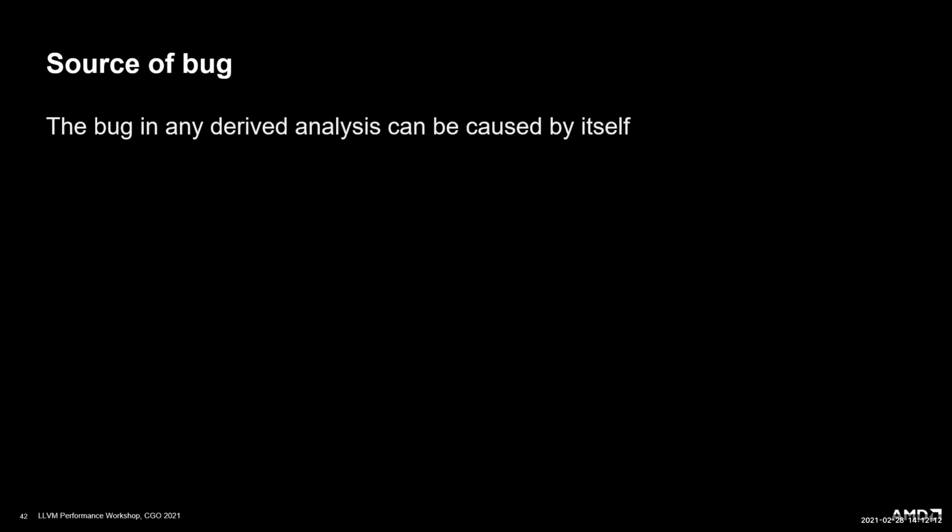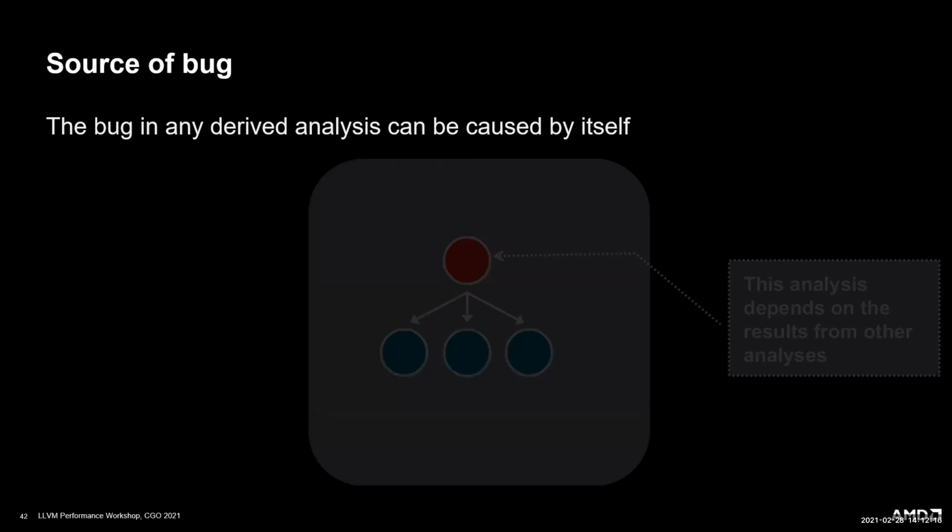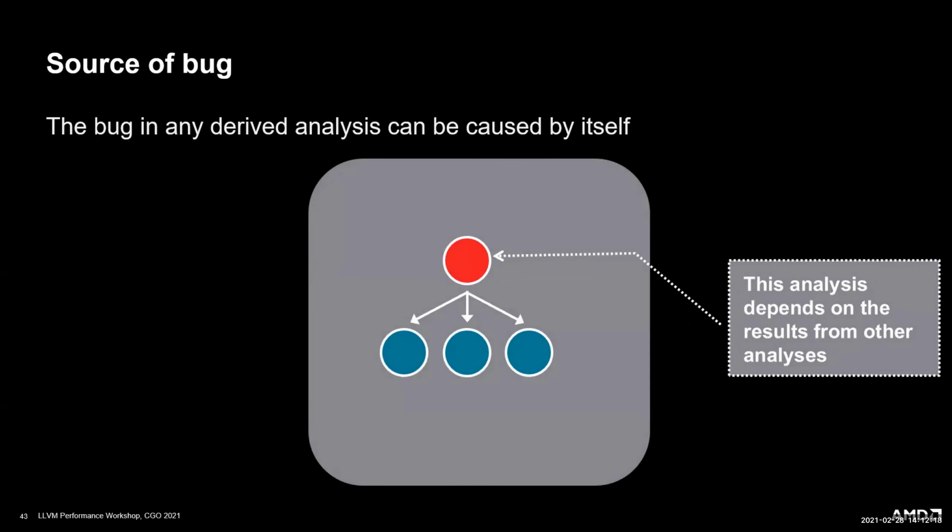And then the bug in a derived analysis, the analysis which depends on more analyses, can come from itself or from another analysis on which it depends. And it can come from the interaction that we are focusing on here.